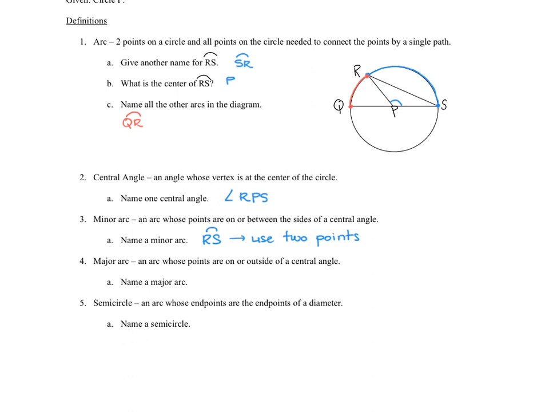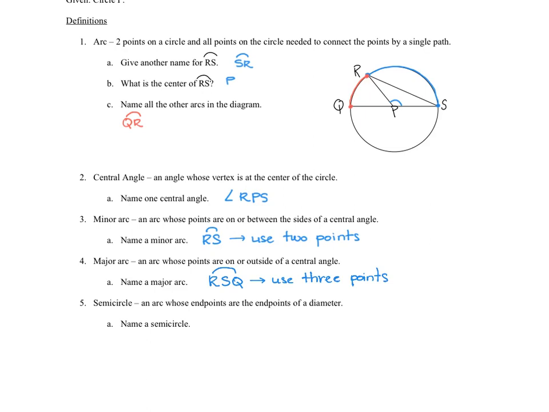A major arc is an arc whose points are on or outside of a central angle. In this particular case, arc RSQ would be a major arc. For major arcs, we use 3 points: 1 to indicate where it starts, 1 to indicate what it goes through, and 1 to indicate where it ends.